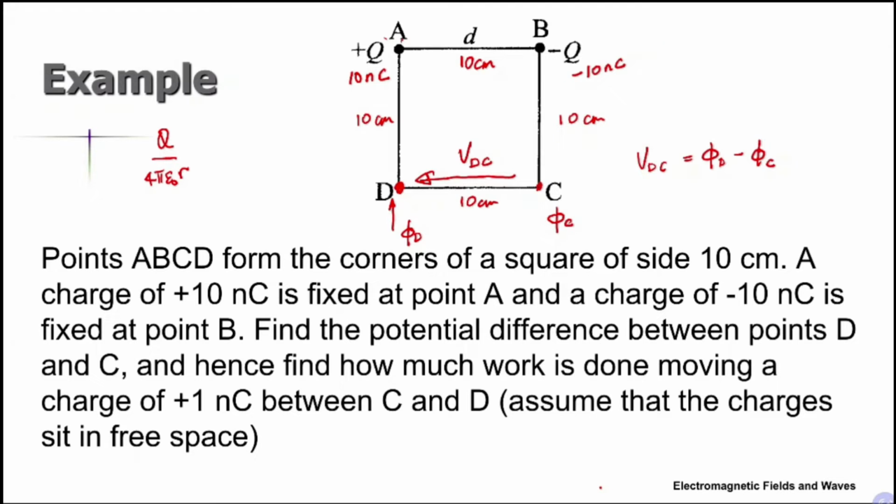So you can simply put it as phi D equals the potential due to plus Q and the potential due to minus Q.